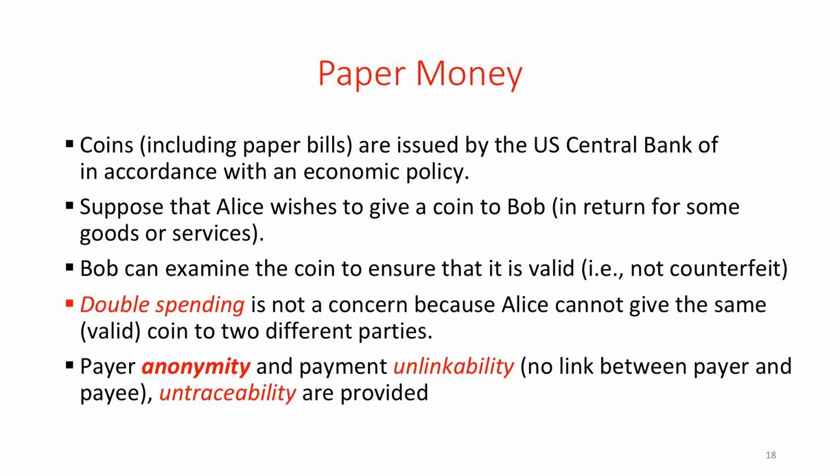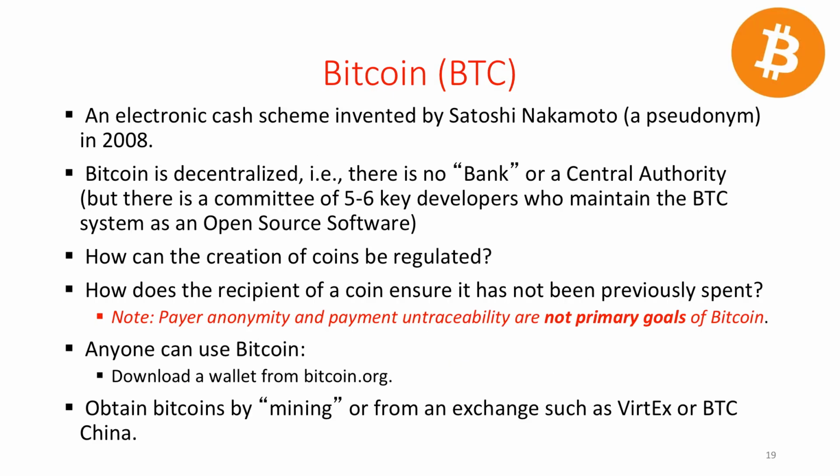Very simple. So there's no such thing as double spending, because once you give up your coin or your banknote, it's gone. You cannot spend it again. And we have anonymity and unlinkability. Anonymity means that if I pay cash, no one knows who I am, and I just leave, right? And unlinkability means it's hard to link what I buy and who I am to the payment itself. That's the typical mechanism of paper money.